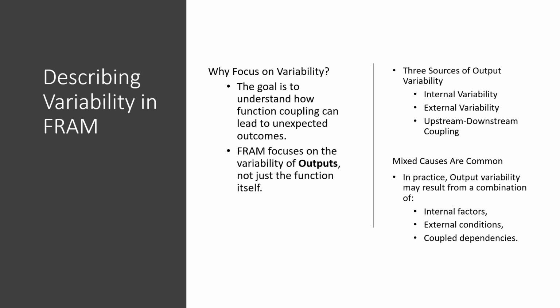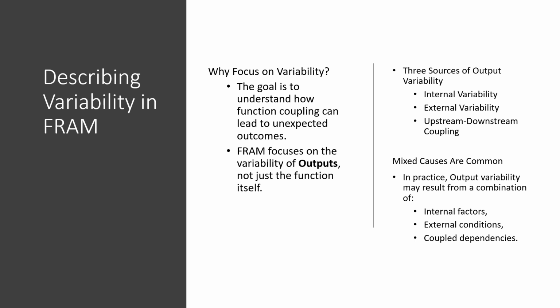Then we might have external variability. This is caused by the environment or the context in which the function operates. For example, changes in lighting, noise in the environment, the workspace layout. Then we also need to consider upstream and downstream coupling. Variability arises due to inputs or conditions provided by upstream functions.